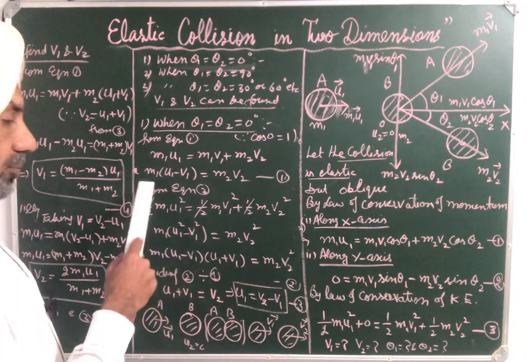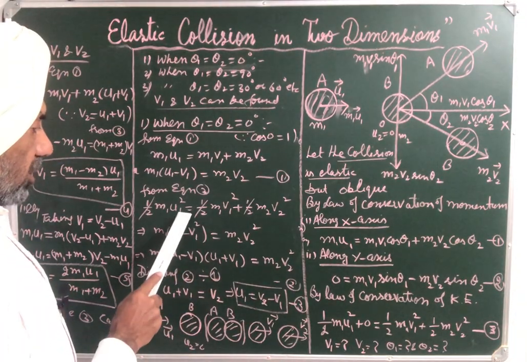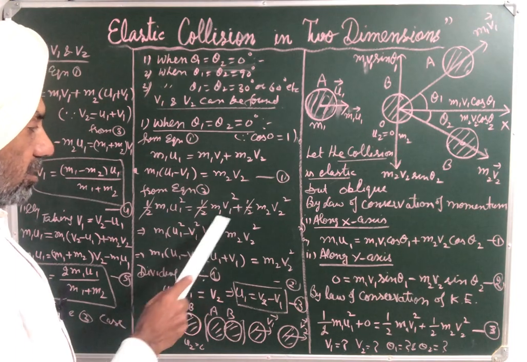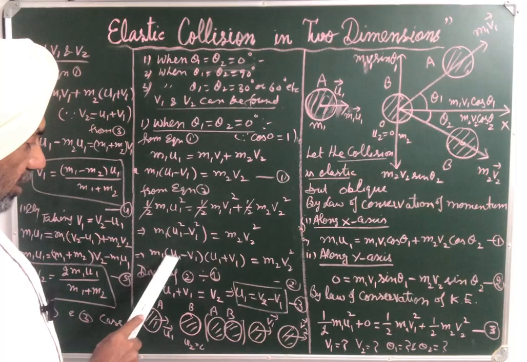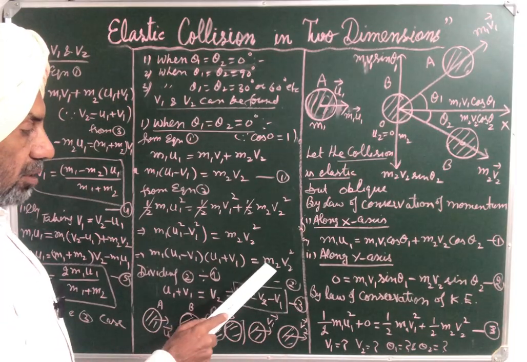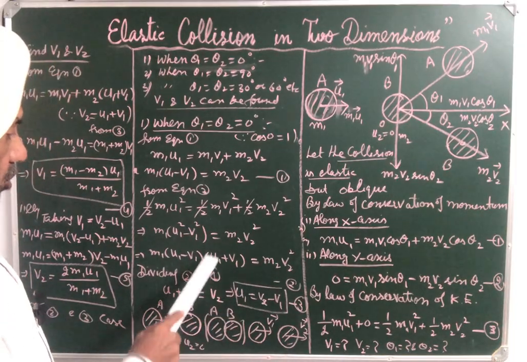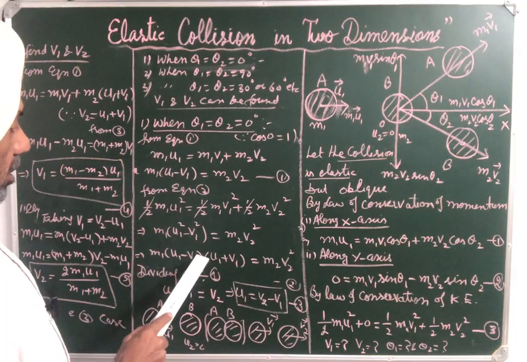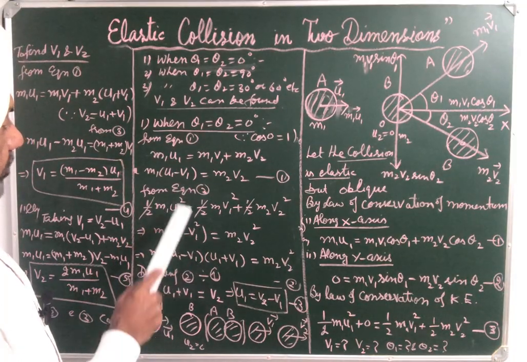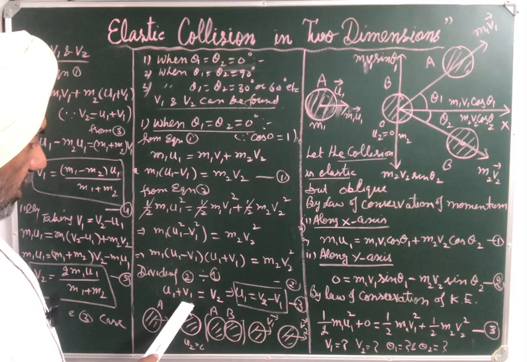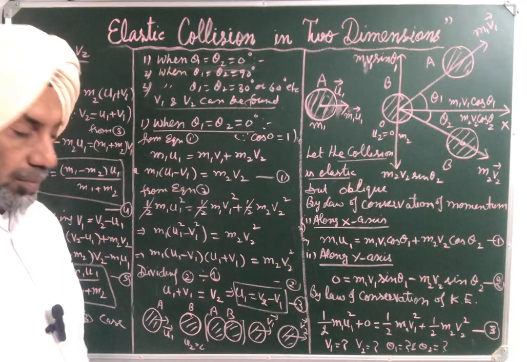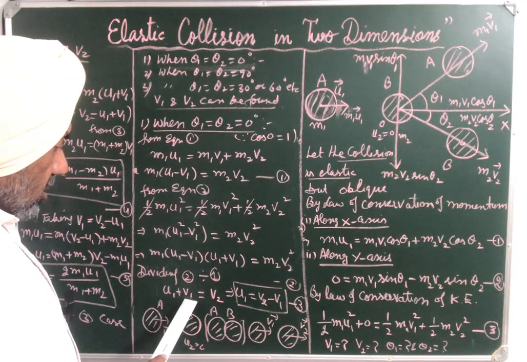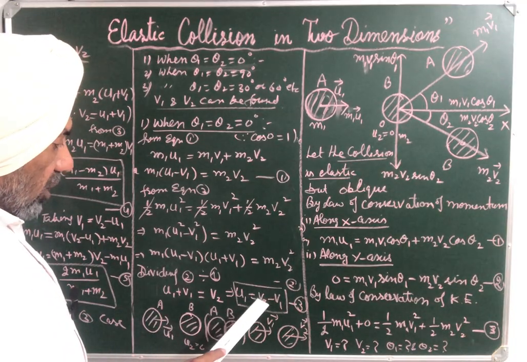Half cancels throughout, so m1 (u1 square minus v1 square) is equal to m2 v2 square, or m1 (u1 minus v1)(u1 plus v1) is equal to m2 v2 square. Dividing 2 by 1, m1 (u1 minus v1) cancels, m2 cancels, and we have u1 plus v1 is equal to v2, or u1 is equal to v2 minus v1.